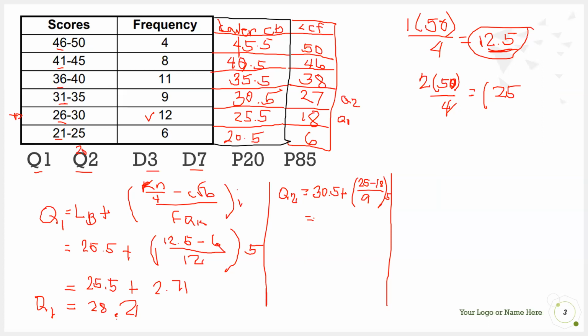So, unahin natin, that's 30.5. Hinuhuli natin yan sa PEMDAS. Unahin muna natin yung nasa parenthesis, then multiplication.